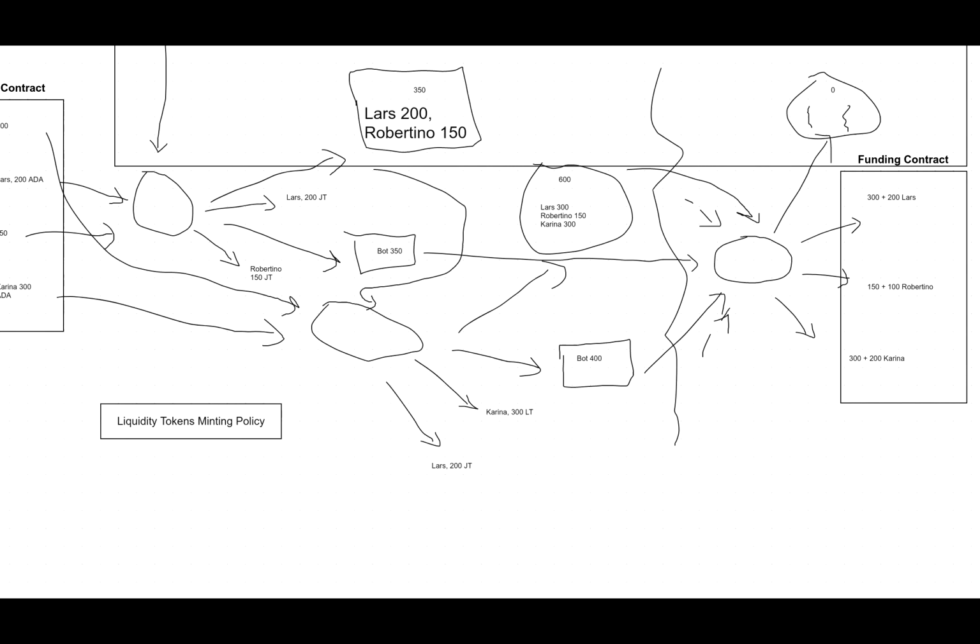Yeah, we need another one, because when the bot finishes trading, if we put it in the same contract, it will be too much for a single contract. And it would also not be good if the bot puts everything in one UTXO, because then if many people want to cash out, there's contention for this one UTXO.